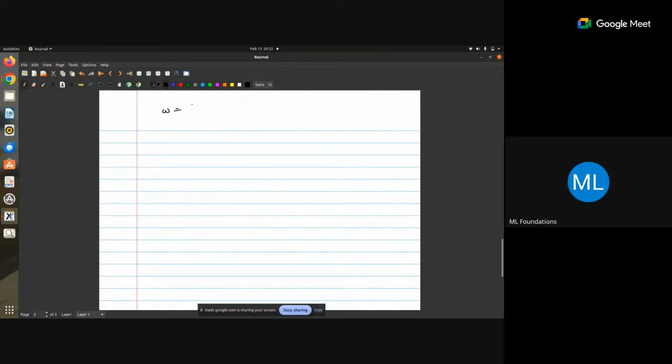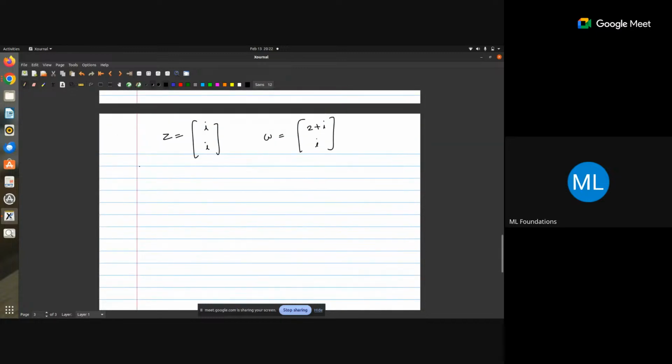Let us say I'll take one more example with Z equals to, and W equals to. Okay, fine. So in this case, what will be Z dot W? It is conjugate transpose, so it is minus i, and here it is 2 plus i and i, right?